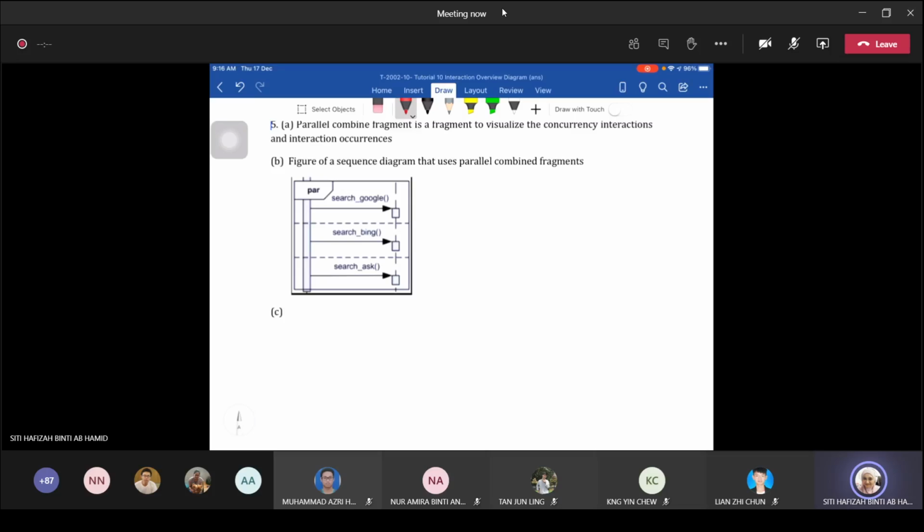Since I do not know the name of this, I just name it ST. It always starts with the initial node. And then we have search Google, search Bing, and search us. So this one, then you split.